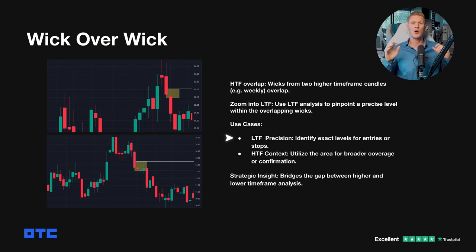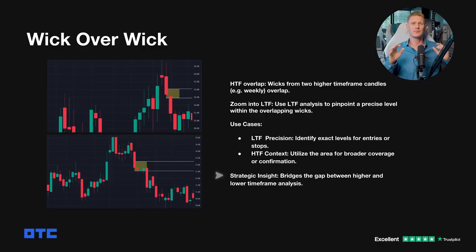Pinpointing levels. On lower time frames, the wick over wick formation helps us define specific levels for entry, stop loss, or detailed analysis. Higher time frame coverage. Even if there isn't a clear defined zone on the HTF, this overlap provides broader coverage. It gives us additional context or confirmation and can act as a substitute for a big brother zone.